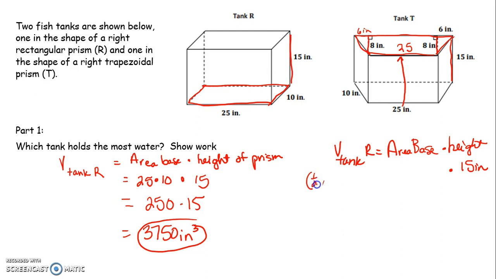So it will be 1/2 times 6 times 8, base times height, for the area of that triangle. But there's 2 matching triangles, so I'll multiply that by 2. Then I'll add to that the area of my rectangle here, and my rectangle is 25 by 8.